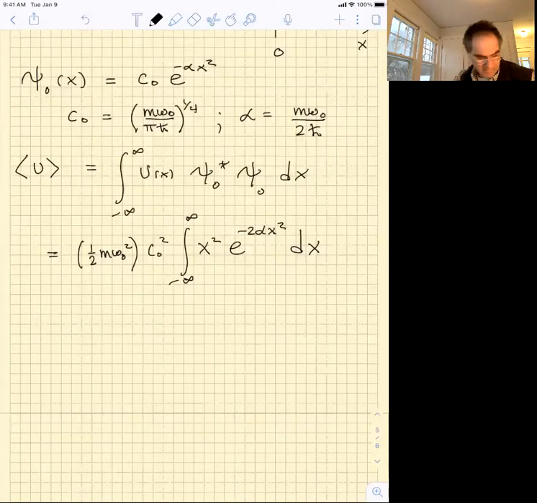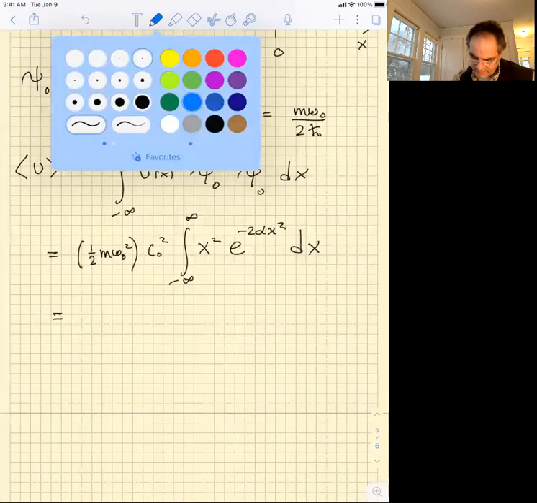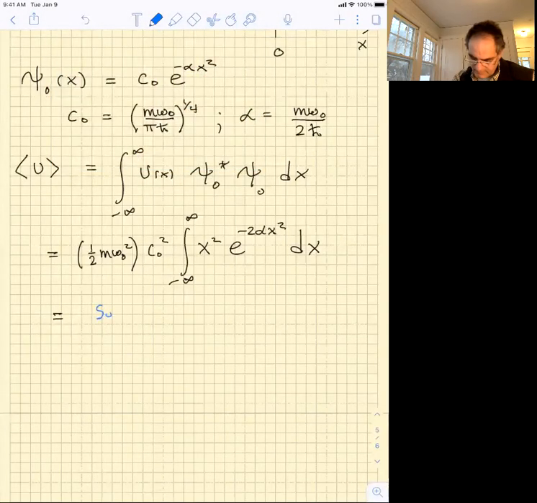So the next step would be to do a substitution, like so. And that's just to put our integral into a general form.